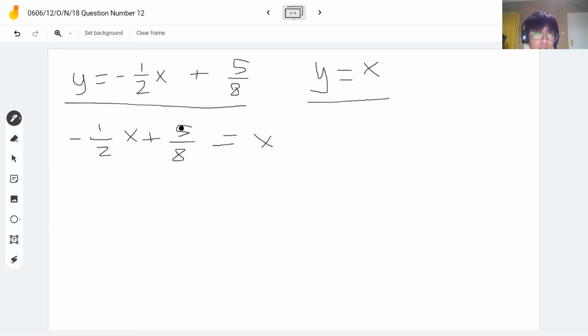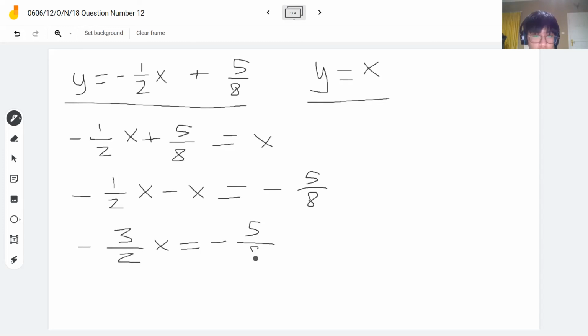You move x to the other side and move 5 over 8 to the right side. So you bring the like terms together. This becomes negative 1 over 2 x minus x equals negative 5 over 8. So it's negative 3 over 2 x equals negative 5 over 8. You divide it using your calculator, and you will get x equals 5 over 12.